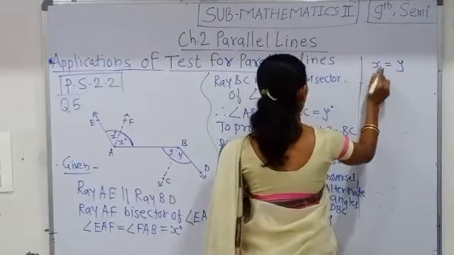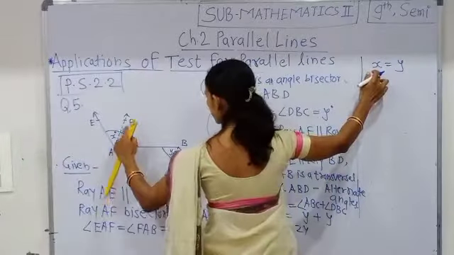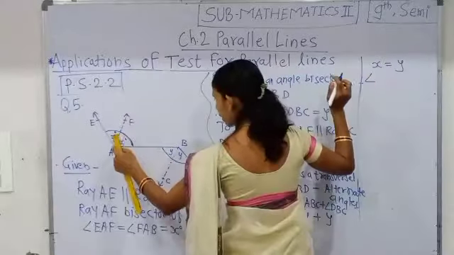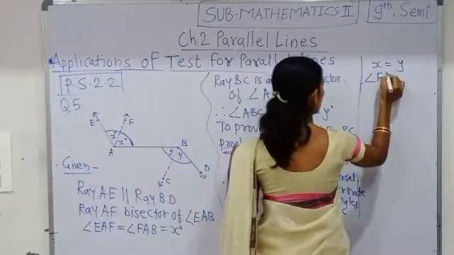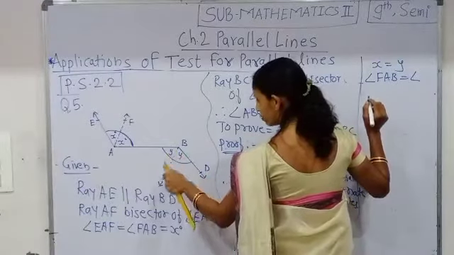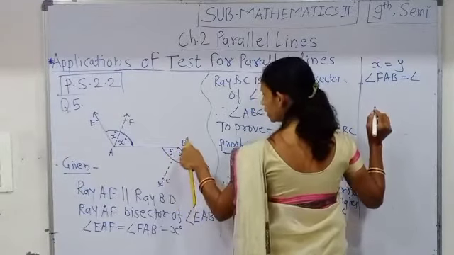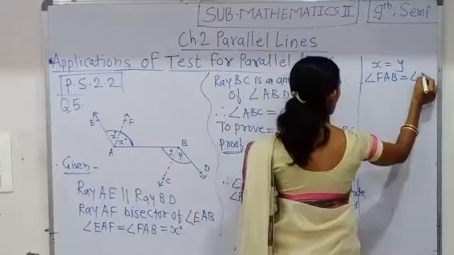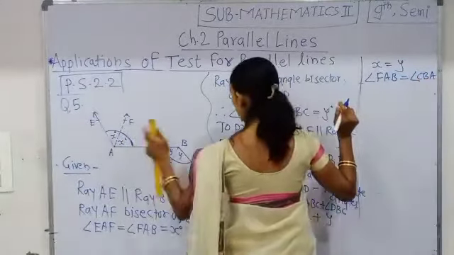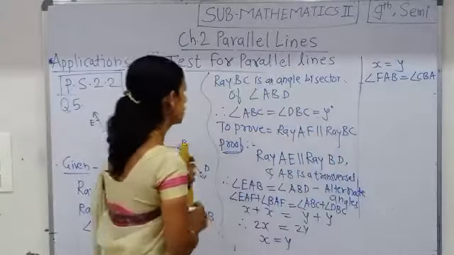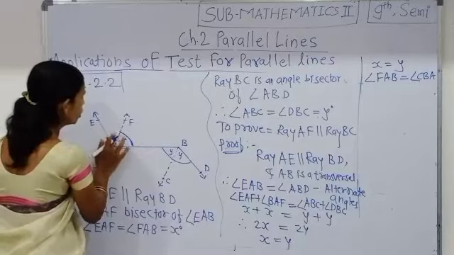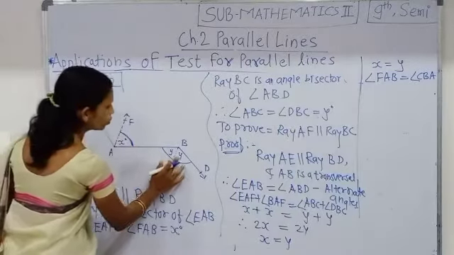Therefore, x is the measurement of angle FAB, and y is the measurement of angle CBA. See here, we have to focus only on those two angles.